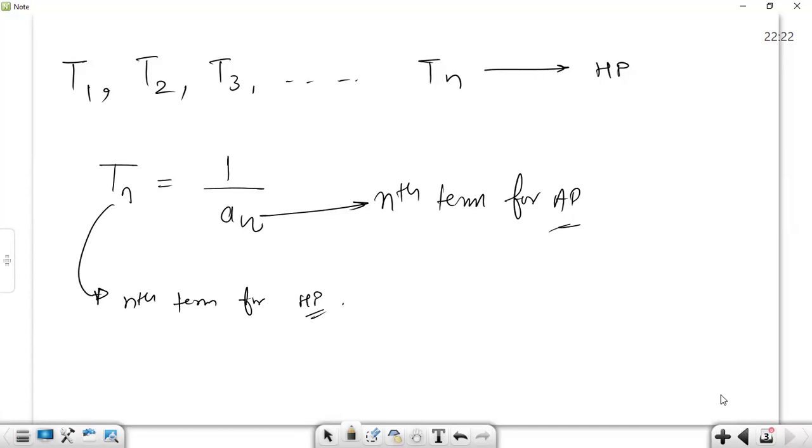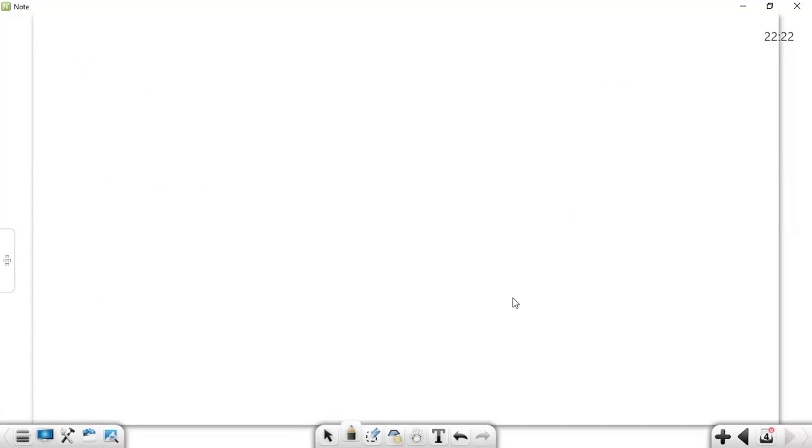Let's take an example. Let's say this is 2, 3, 6. These three terms are in HP. Now these are the first three terms, and there are other terms as well. Okay, and we have to find the fourth term of the same HP.